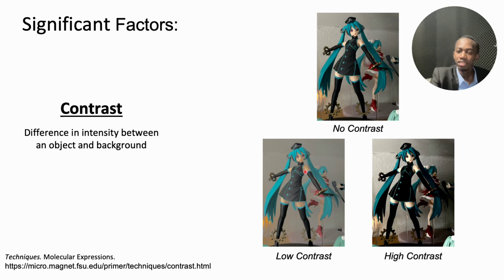There isn't a large difference between the subject, this cartoon, and the background. This is very high contrast because the difference in intensity between the object and the background is quite intense. So when we are viewing microscopic objects, we need as much contrast as possible so that we can differentiate the object from the background.